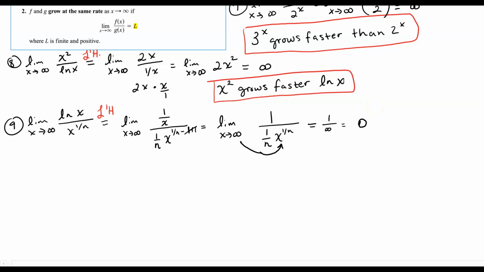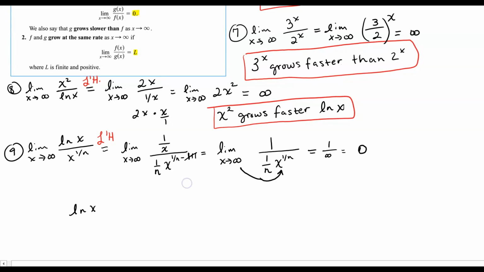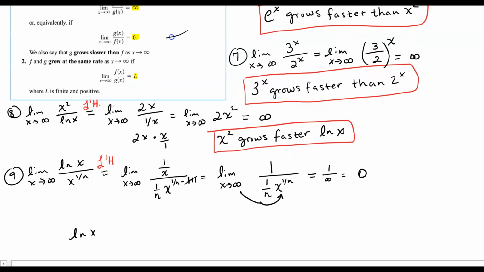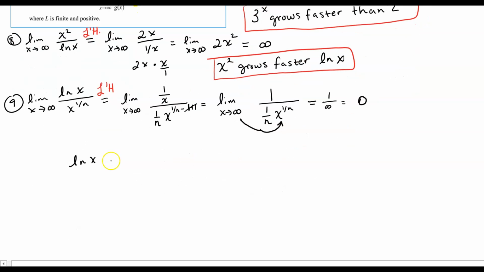So because this limit evaluates to 0, we say the natural log of x, well, look at this rule right here. It grows slower. ln of x grows slower than x to the 1 over n, and that's for any value of n, really.